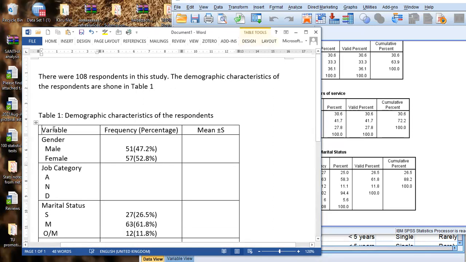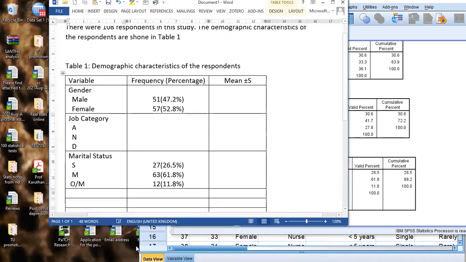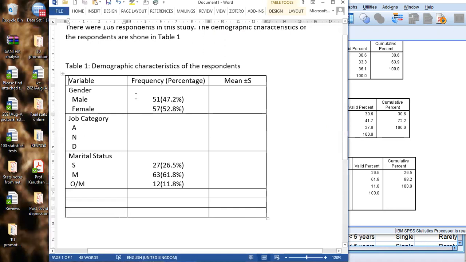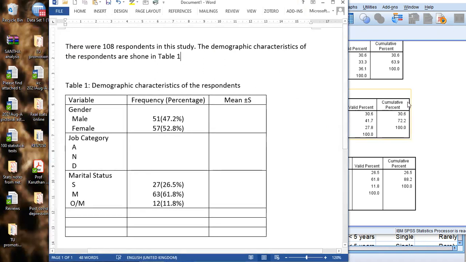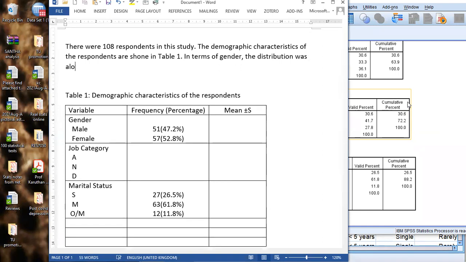So now you describe this, don't write one by one. About gender: in terms of gender, the distribution. Are they similar? Can I say almost similar? Can I say similar distribution?